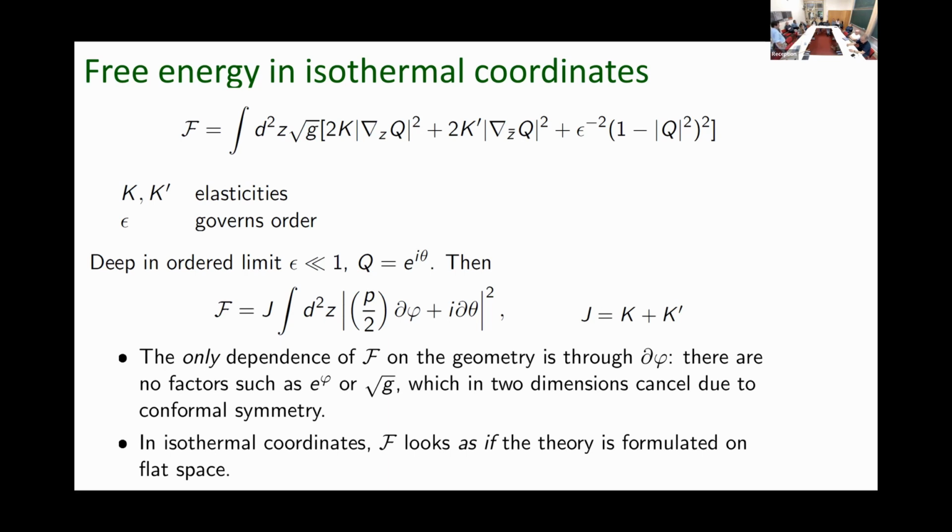Exactly. But is there an easy way to see that one of them is purely to do with the surface and the other is purely to do with the liquid crystal, the ordered field? Because in some sense z and z bar don't look that different, they're complex conjugates. How do I know that the K prime term goes with the grad z bar and the K goes with the grad z?